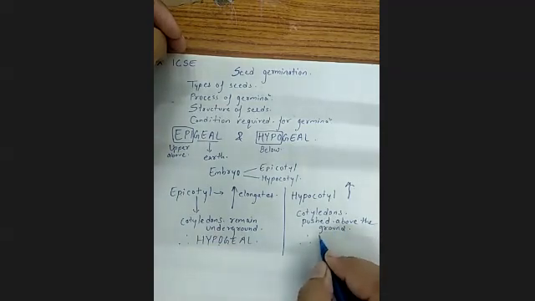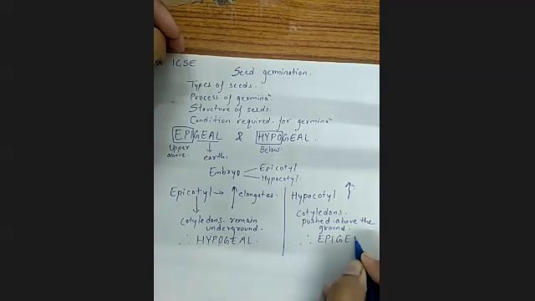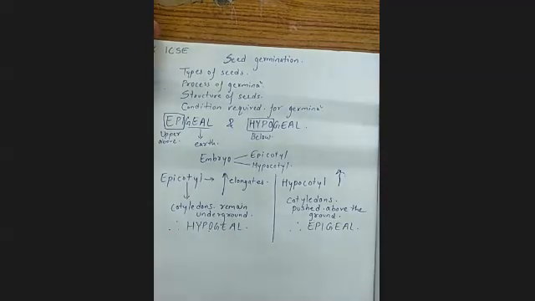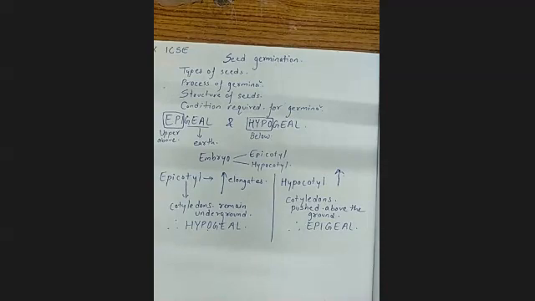Therefore, the germination is epigeal. This is the basic difference between hypogeal germination and epigeal germination. Remember this, it will be easier for you to understand the types of germination. Is it clear to you now?